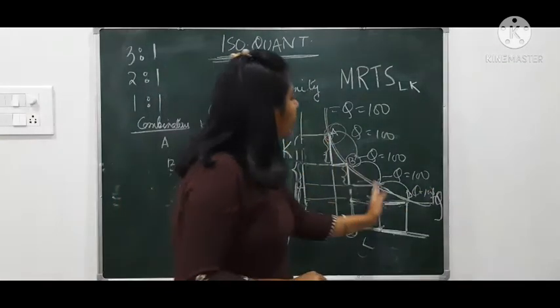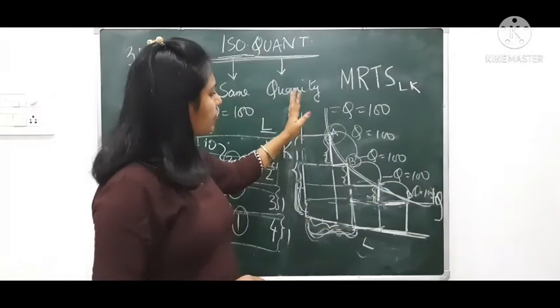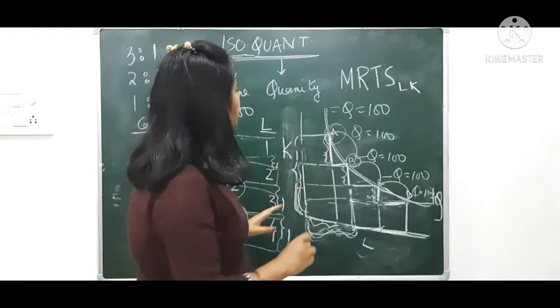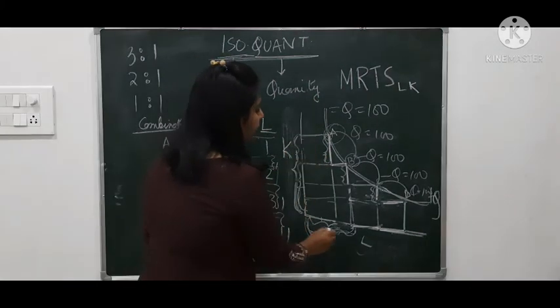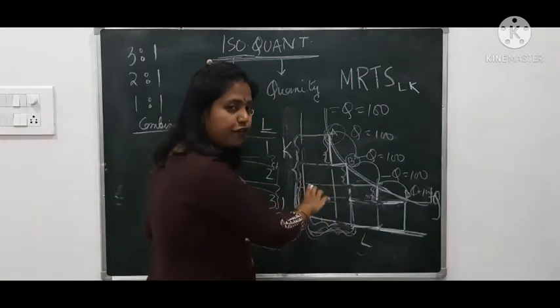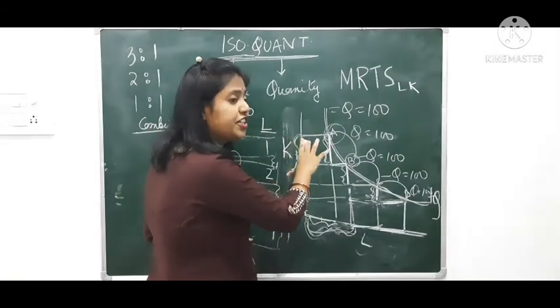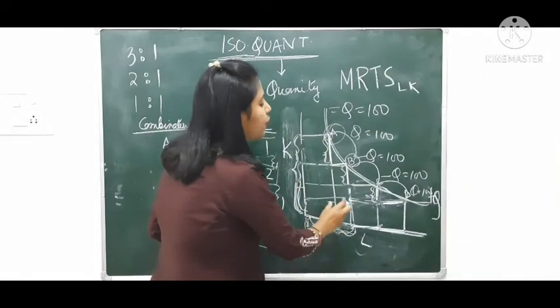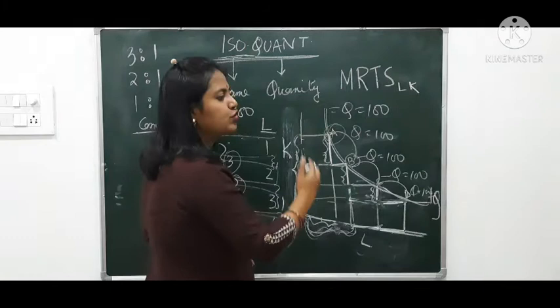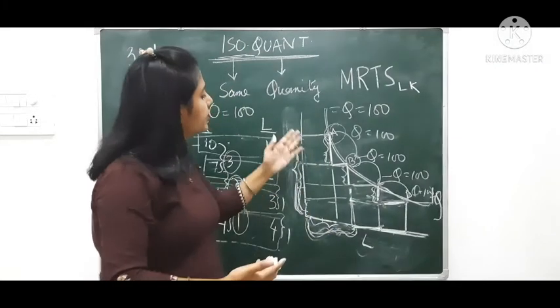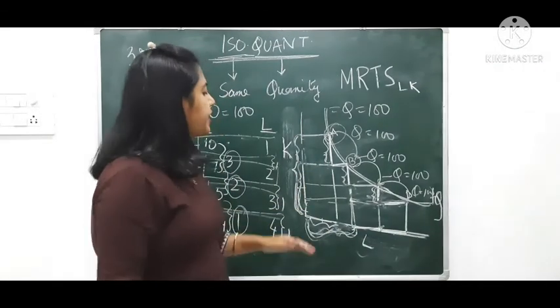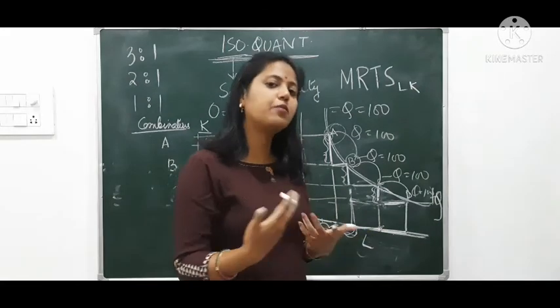And since this is downward sloping, it shows that you are sacrificing capital to gain labor. Initially you are sacrificing more capital to gain one extra labor, but slowly the rate at which you are sacrificing capital goes down while you are increasing the same one labor.